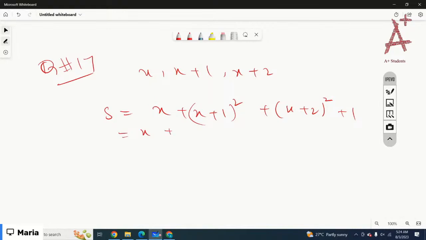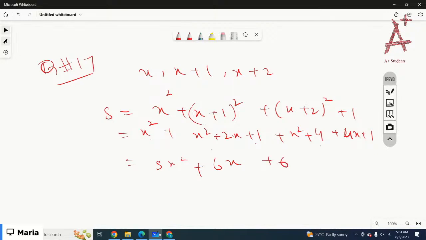You have x squared plus x squared plus 2x plus 1 plus x squared plus 4x plus 4. Just add: x squared, x squared, x squared is 3x squared; 2x and 4x is 6x; 1 plus 4 is 5, plus 1 more is 6.